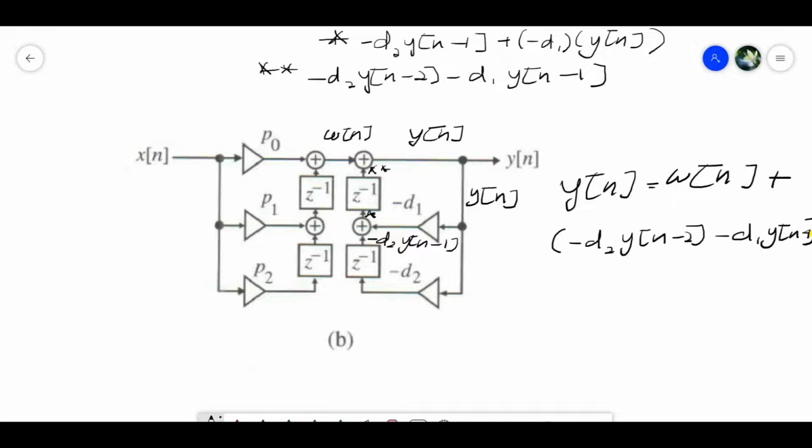So wn is a summation of this particular signal and this particular signal. This one is very clear: xn times p naught, so this is p naught xn. And then for this signal, we have to start from the bottom. xn goes into p2 and delays 1 time.